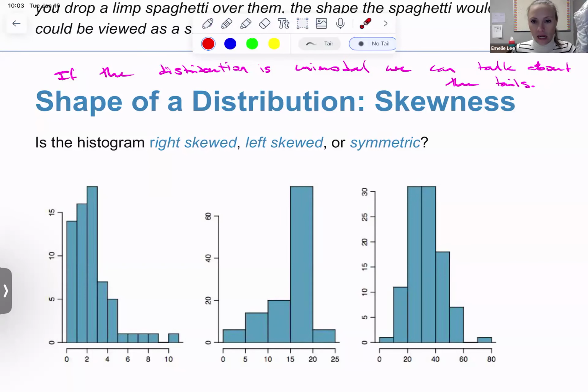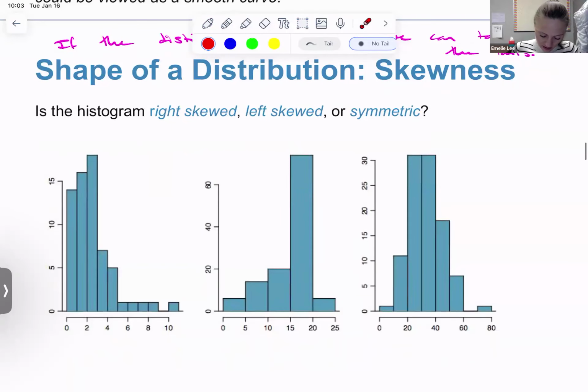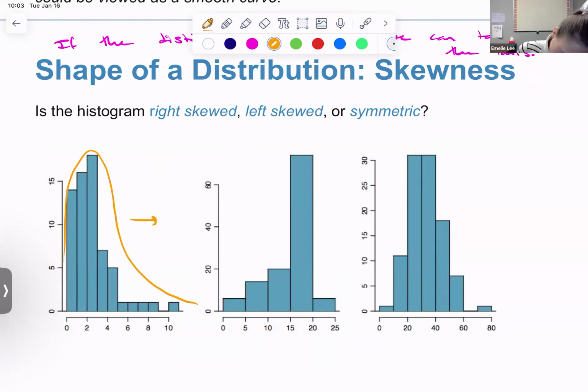So what I mean by tails is we have this, right? If we drop our limp noodle here, I've got a tail to the right. Now the term that we're going to use here is that it's right skewed or skewed to the right.